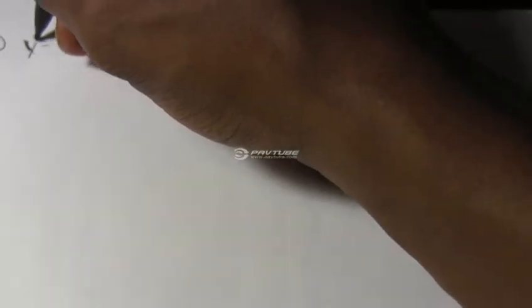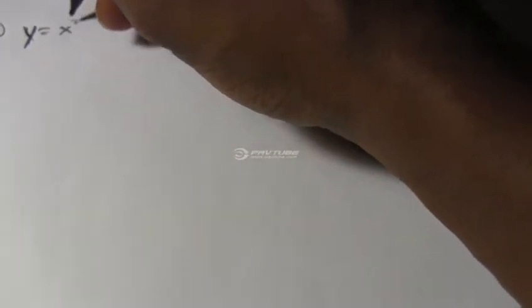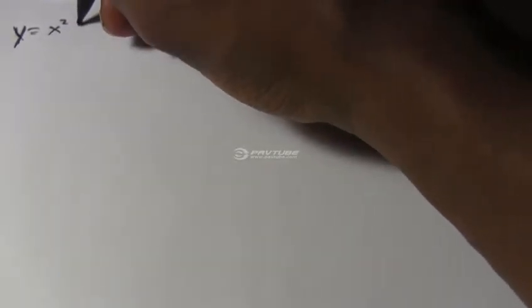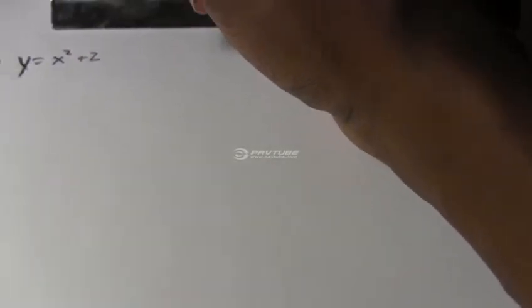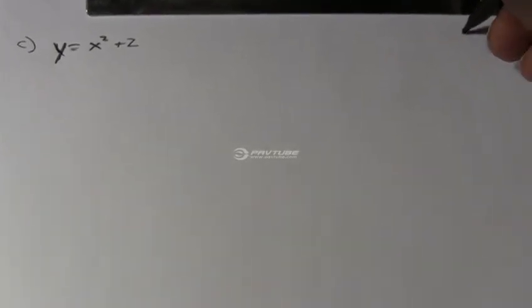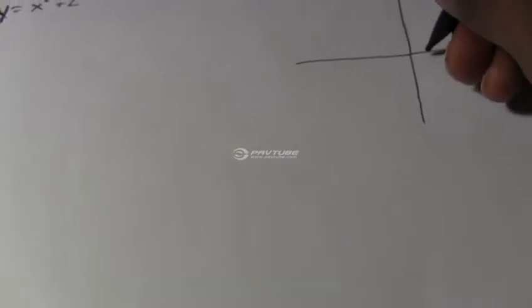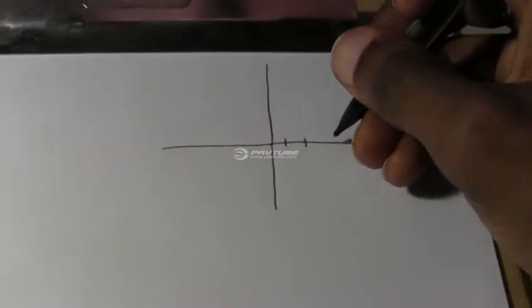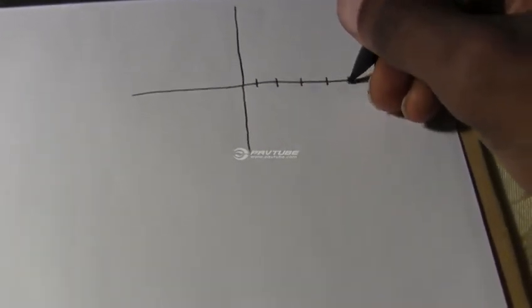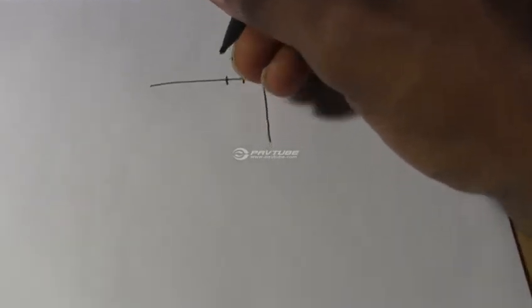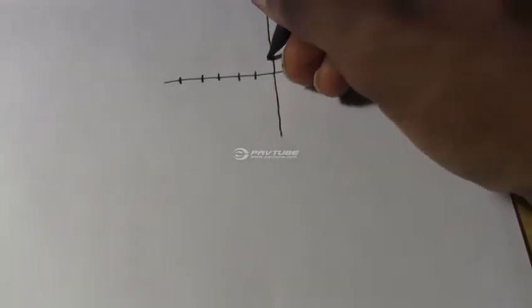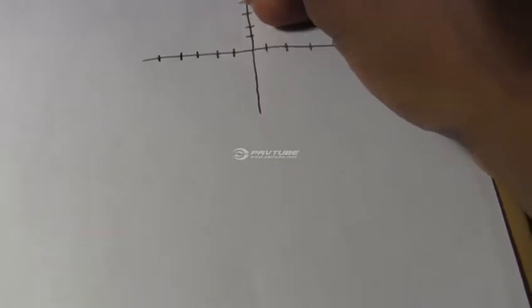So for C, y is equal to x squared plus 2. All right, so here's our coordinate system again. You'll get good at drawing these after you do a couple of them.